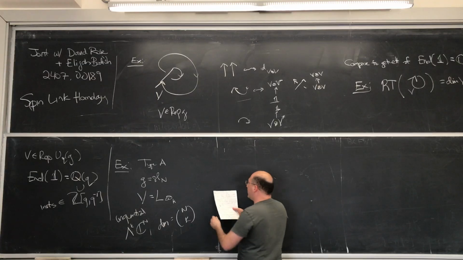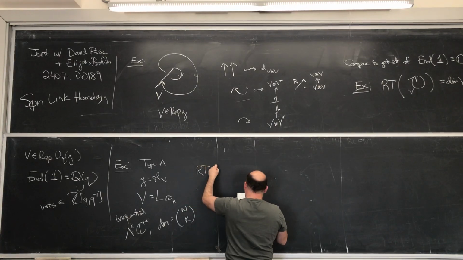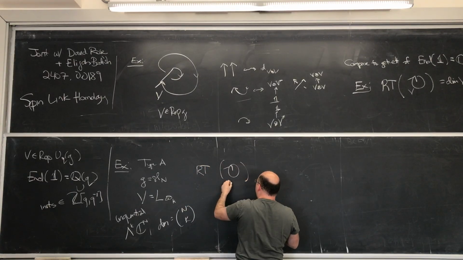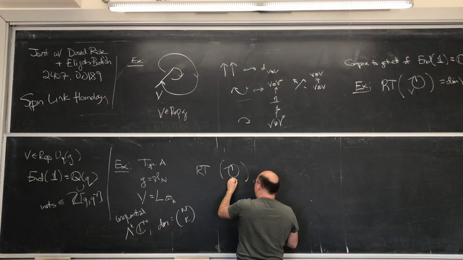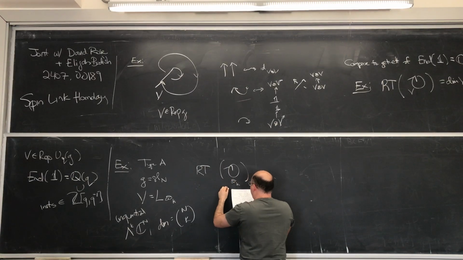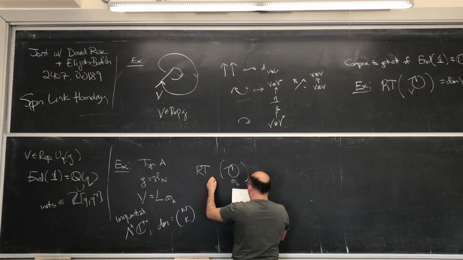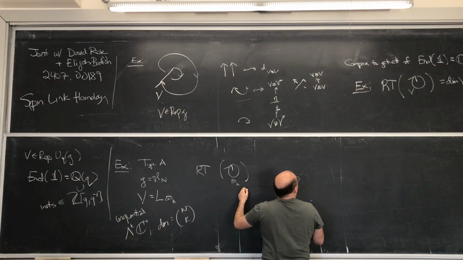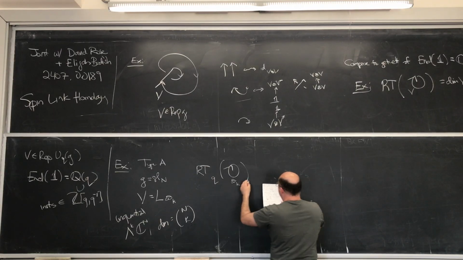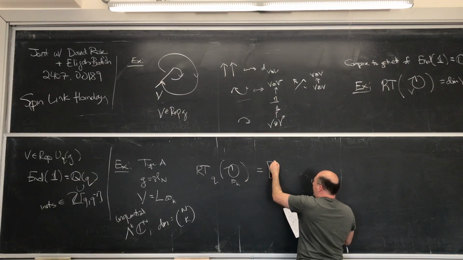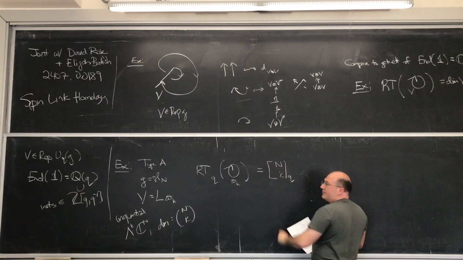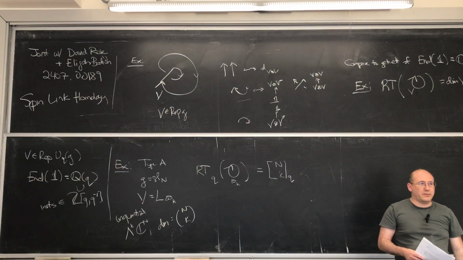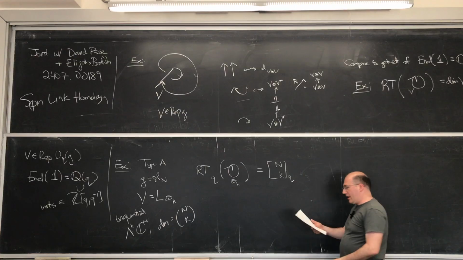If you do this quantized, in the quantum version, then you get the n choose k quantum number, the quantum binomial coefficient.